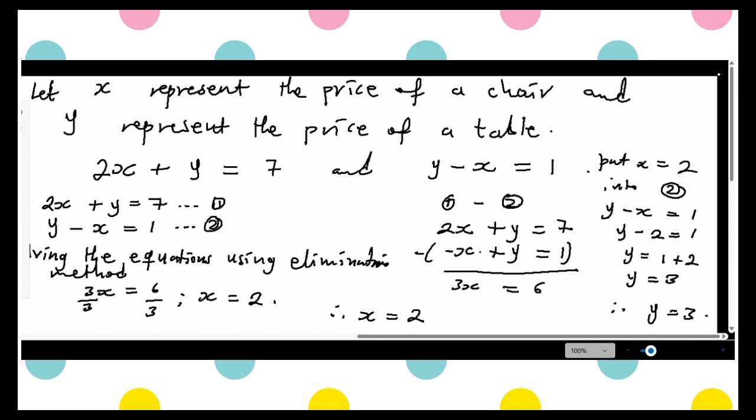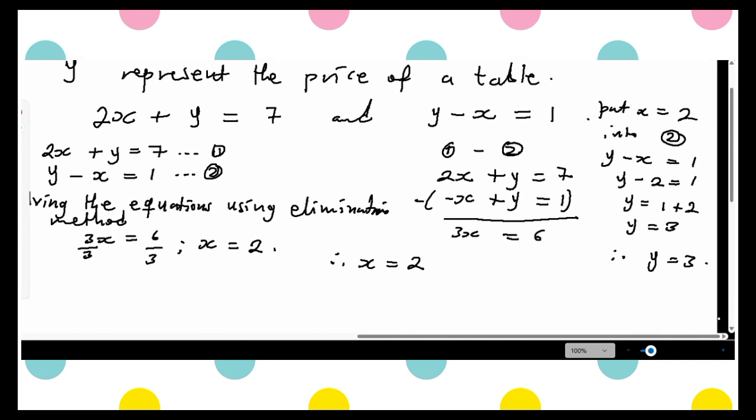And you know, from our initial declaration, we said we should let x represent the price or the cost of a chair, and y represent the price or the cost of a table. Then we had x to be 2. So therefore a chair costs 2 Ghana cedis, whilst a table costs 3 Ghana cedis. Right?